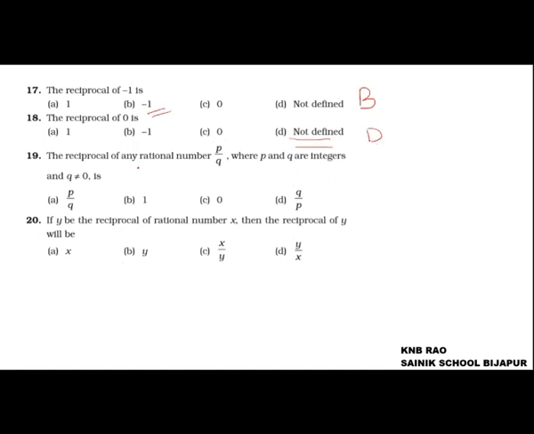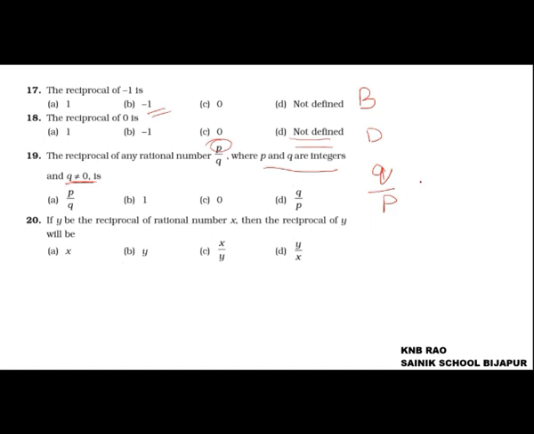The reciprocal of any rational number q by p, where p and q are integers and q is not equal to 0. Here, numerator not equal to 0 gives denominator not equal to 0, giving q upon p.